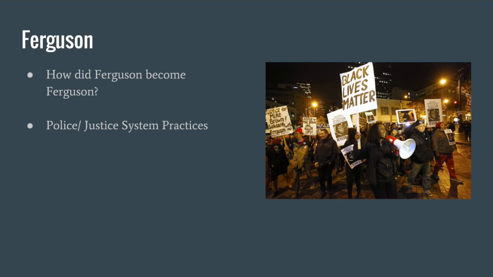And of all of the incidents of police force used on citizens, 90% of those uses of force were used on black residents of Ferguson. So not so great. So we're going to pause right there and we're going to watch a video from the New York Times following one resident of Ferguson and the troubles that he faced.